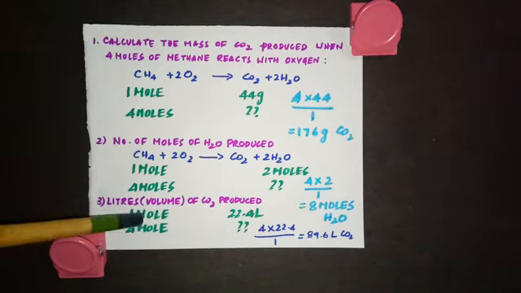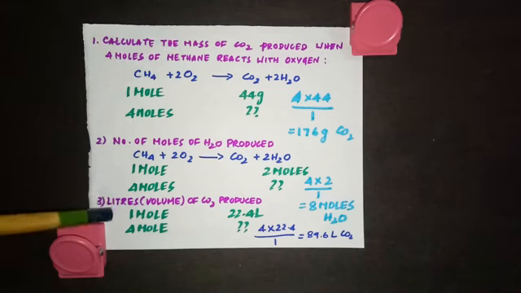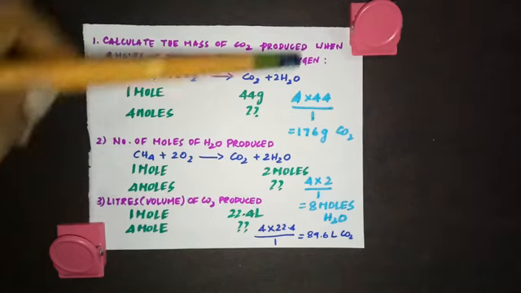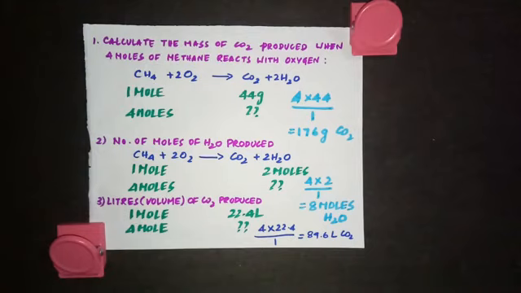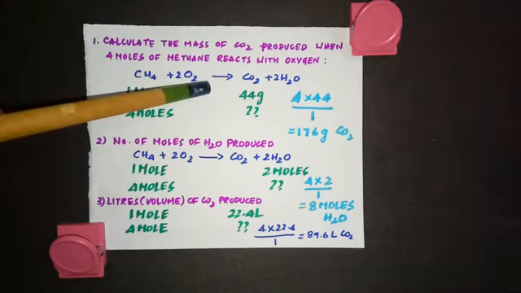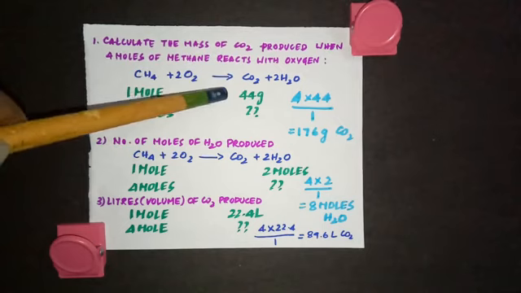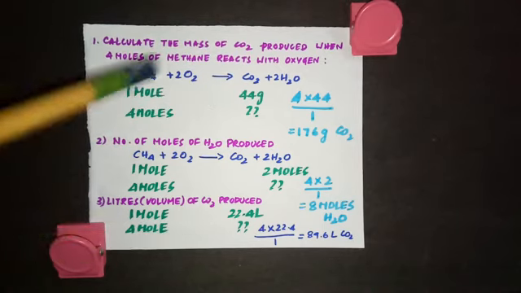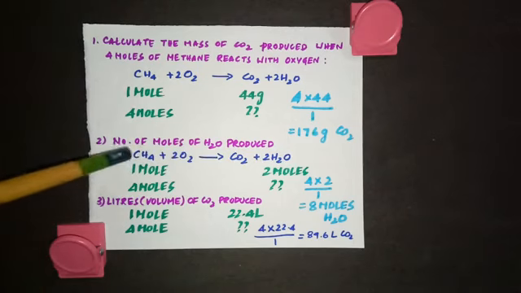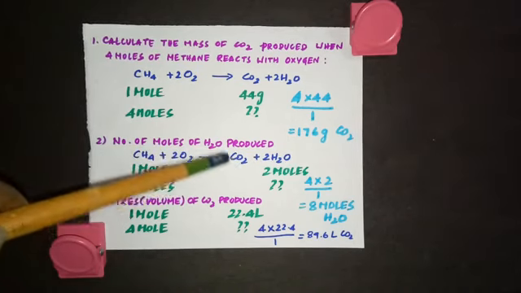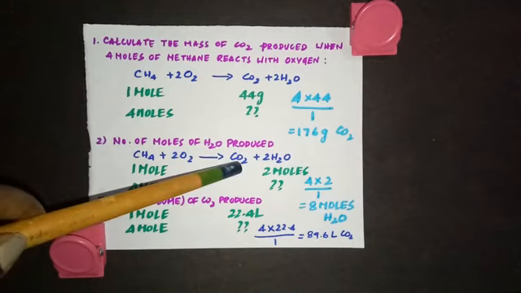Now the third question, calculate the liters of CO2 produced when 4 moles of methane reacts with oxygen. So now they are giving you 4 moles of methane and they are asking you the carbon dioxide, just like it was asked in the first question, but there mass was asked, here volume is asked. So according to this equation, 1 mole of methane produces 22.4 liters of carbon dioxide.